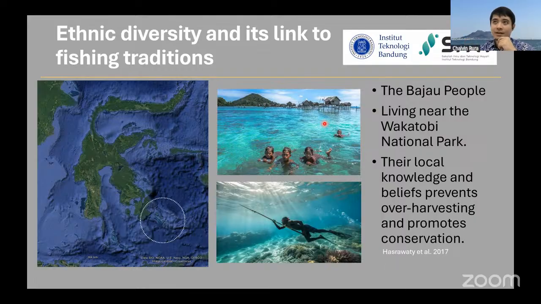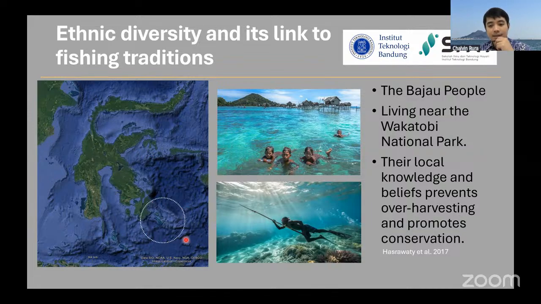They can hold their breath. I forgot how long, but I think most of the population can hold their breath very long because their livelihood depends on fishing and particularly spearfishing. So they still practice spearfishing and they live near this area just southeast of Sulawesi, this K-shaped island.